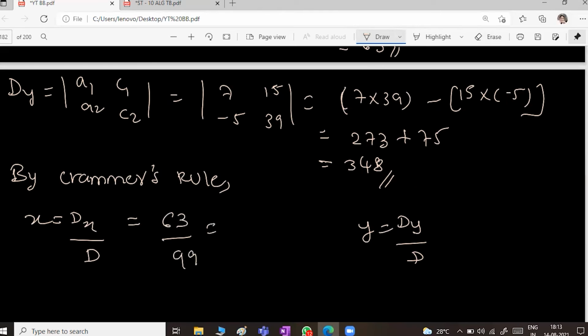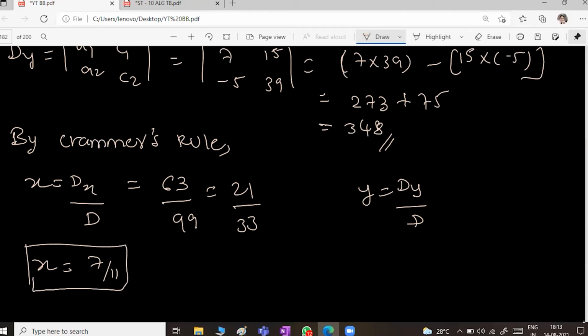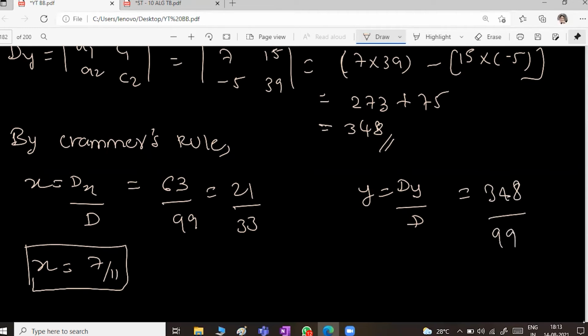You can divide it by 3, 3s are 21, 3s are 33. So x is equal to, this can be divided further, 3 7s are 21 and 3 11s are 33. So the value of x is 7 upon 11. Okay, and let's see the value of y. y is equal to dy by d, 348 upon 99. So by what will this go? Check.